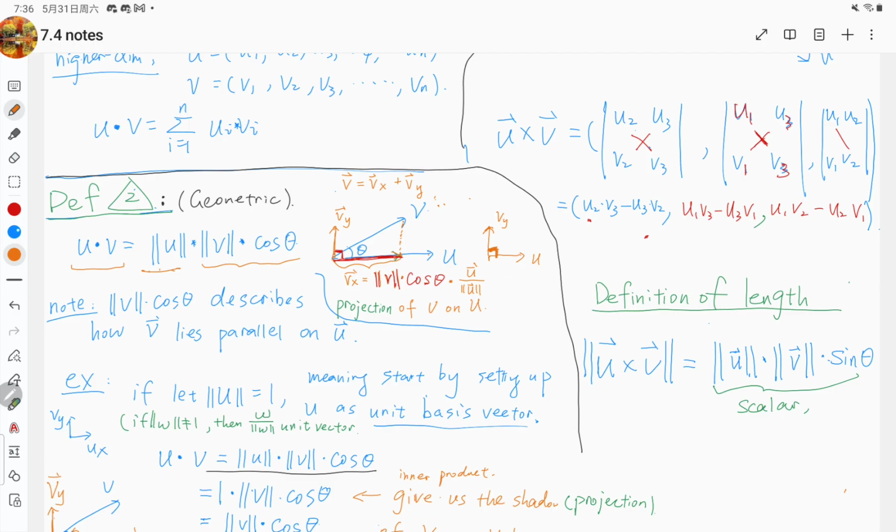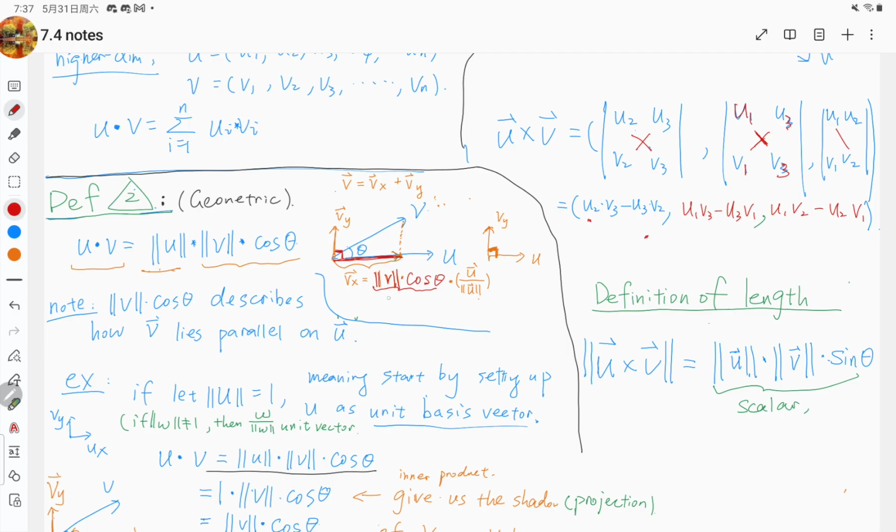But whatever, you don't need to worry about this too much. You only need to know that this part is a length.